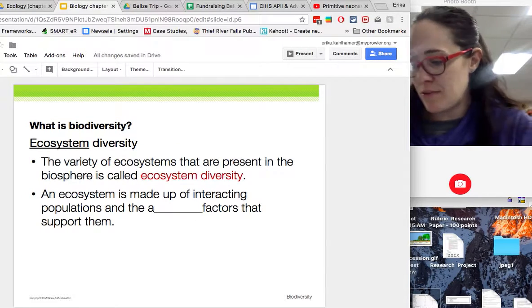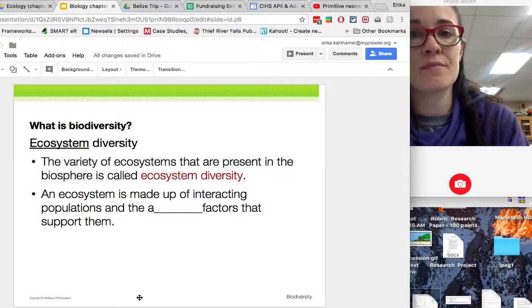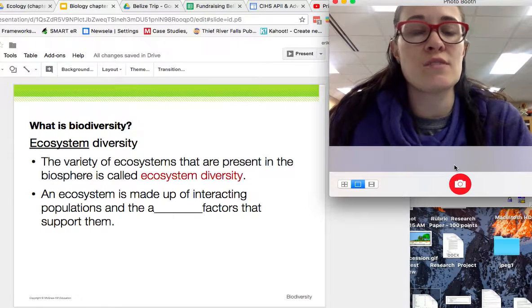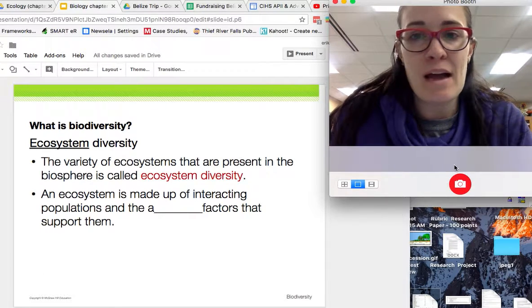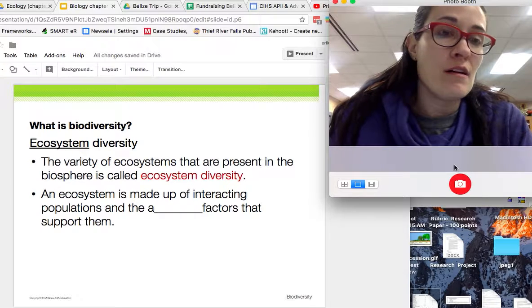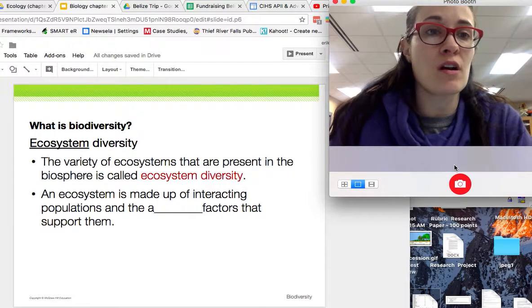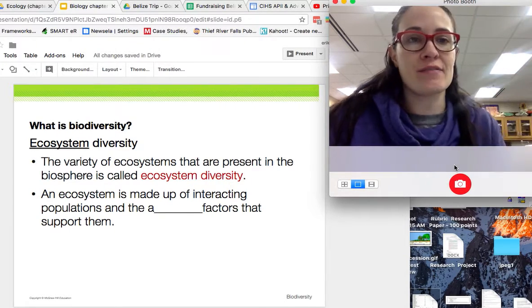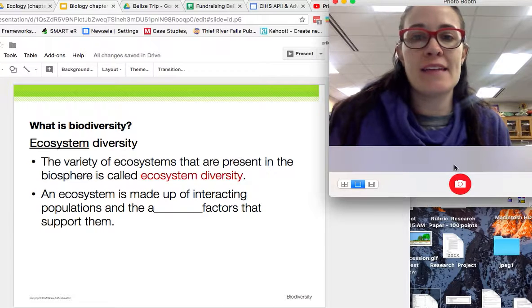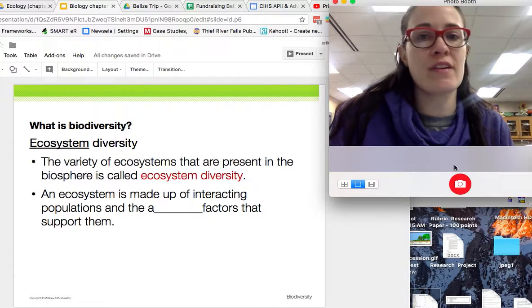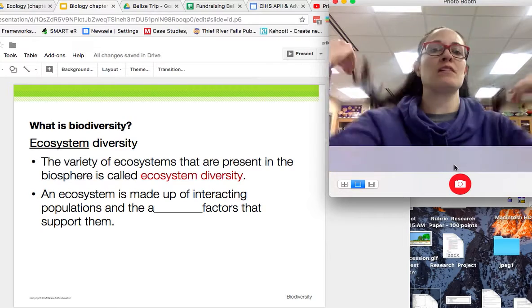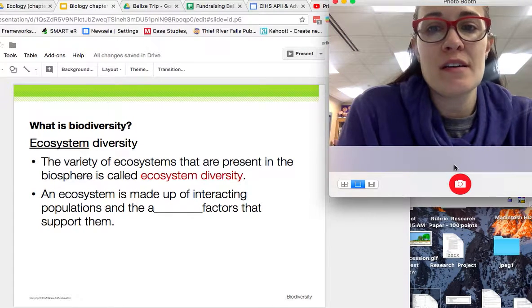And the last type of biodiversity is called ecosystem diversity. Ecosystems are at a higher level in our hierarchy of organization, and all the variety of different ecosystems that are present in the biosphere is called ecosystem diversity.